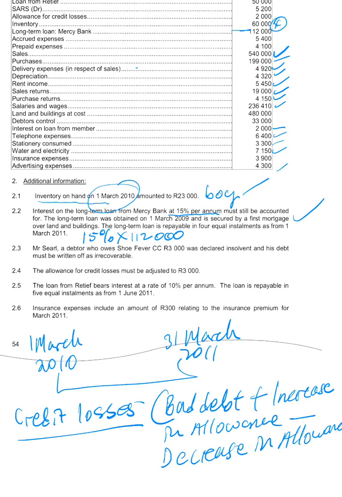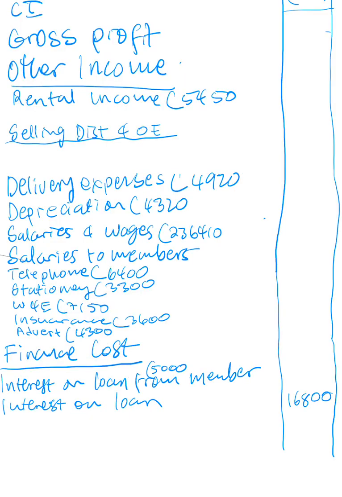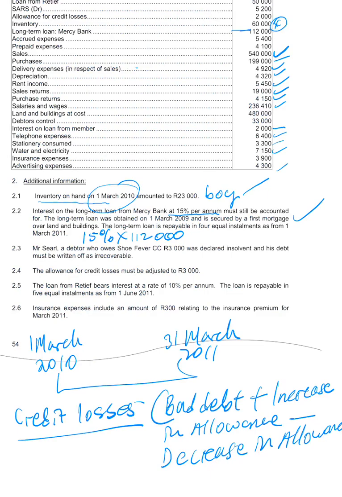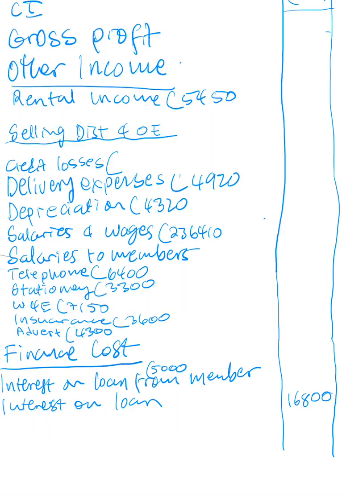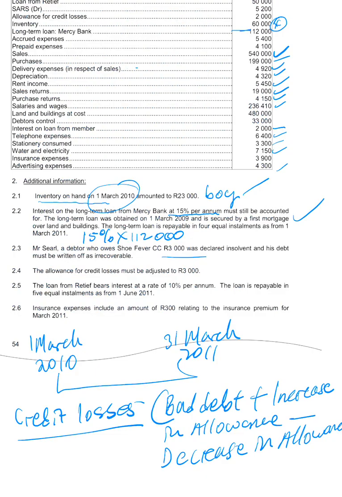So we can say credit losses. This guy is not able to pay how much? 3,000. So we're going to put 3,000. Then we check if there was an increase or a decrease in the allowance. In this case, 2.4, they're saying the allowance for credit losses must adjust to 3,000. How much is the allowance that we have on our trial balance?